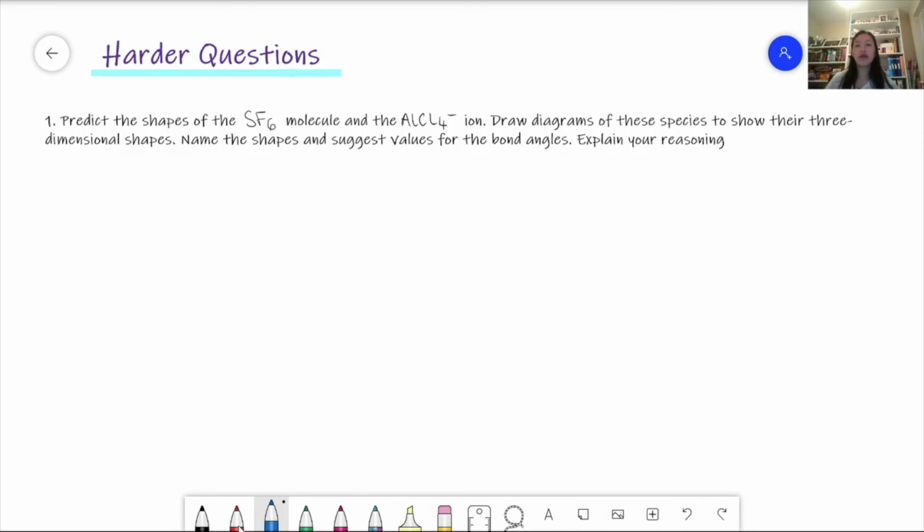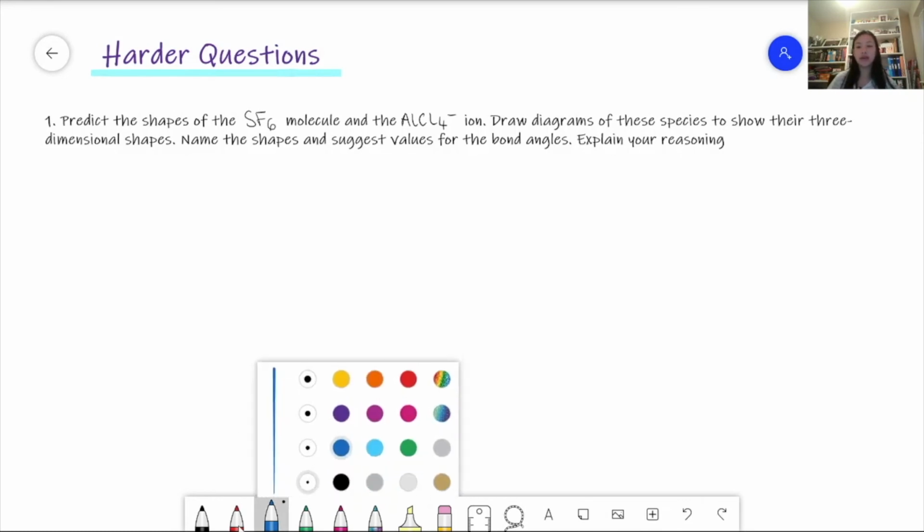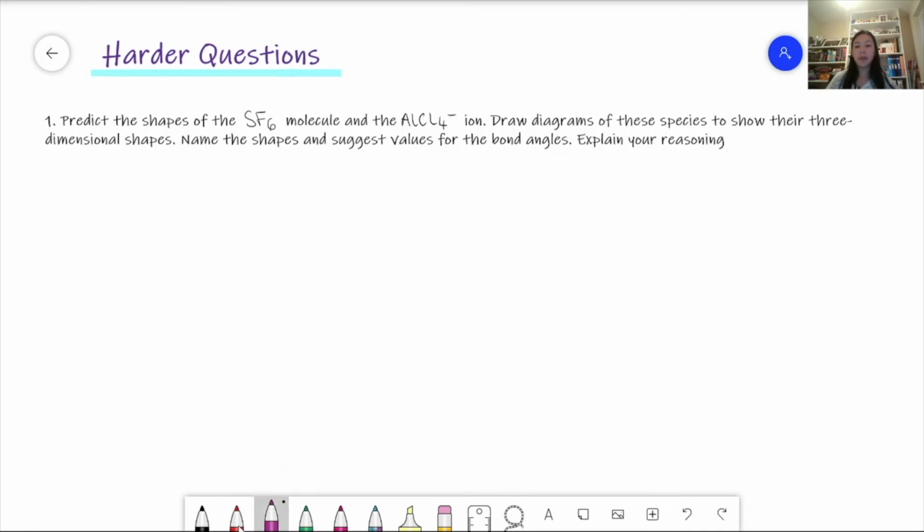So we start off with the SF6 molecule. Sulfur is in group 6, so it has 6 outer electrons. And then fluorine is in group 7, so we know it has 7 outer electrons.